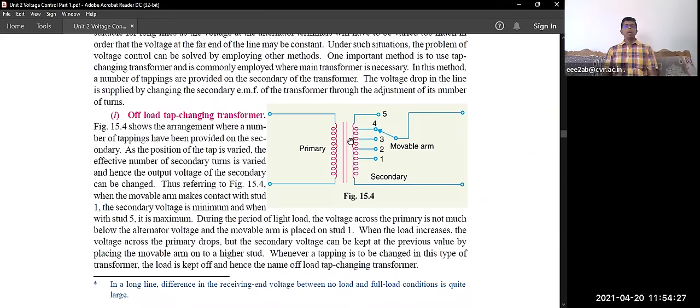That is of 11 kV by 415 volt supply. From that substation only, all our distribution transformers, that is DTs, are connected. Maybe 10 to 20 DTs might be connected, and 3 to 4 areas may be connected to that particular substation.